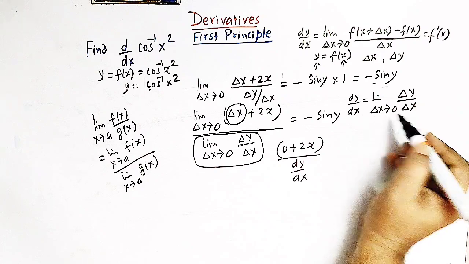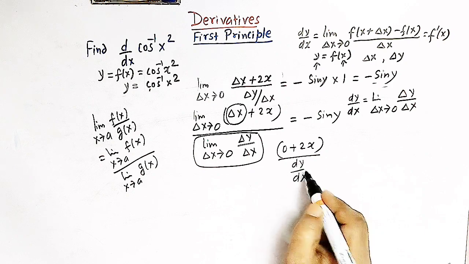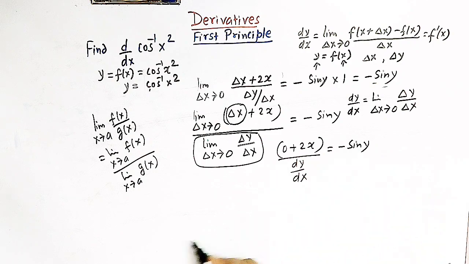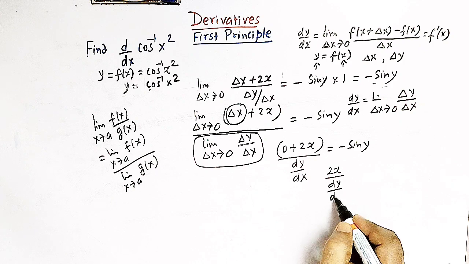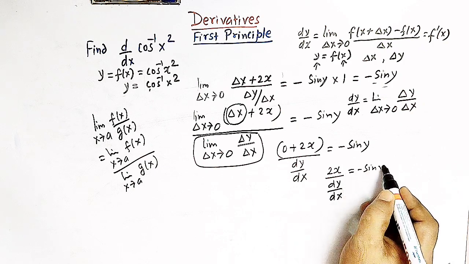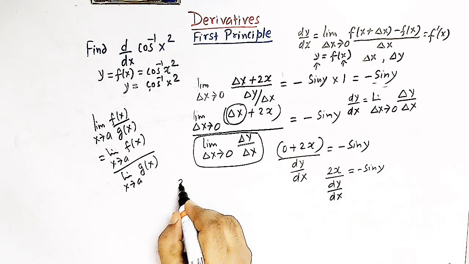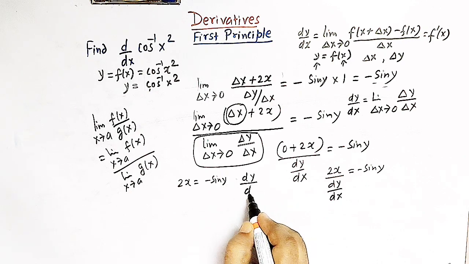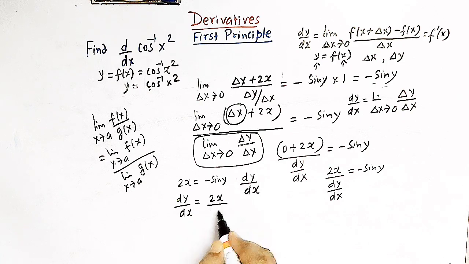So limit delta x tends to 0 delta y over delta x is given by the notation, that is the derivative dy over dx, and here we have minus sine of y, right? So here we have 2x, and in the denominator dy over dx, and this is minus sine y. So simplifying, we can take dy by dx to this side, so we have 2x minus sine y times dy over dx, and now dy over dx is equal to 2x over minus sine of y.